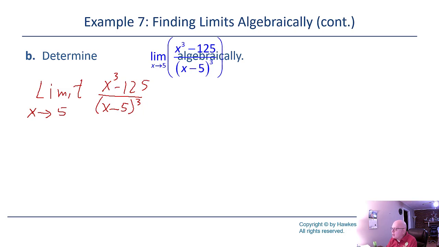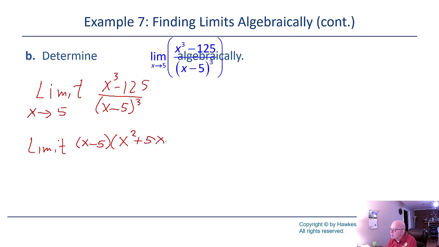However, this numerator can actually be factored, because it's a difference of cubes, so I can factor this as x minus 5 times x squared plus 5x plus 25. If you're wondering how I get this, you need to tone up on some of your factoring.